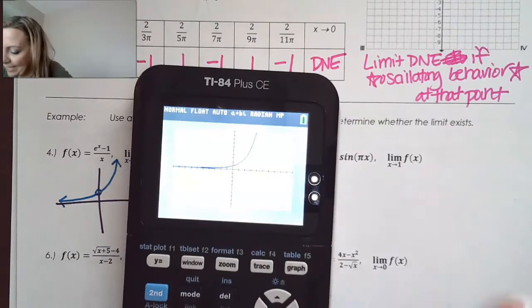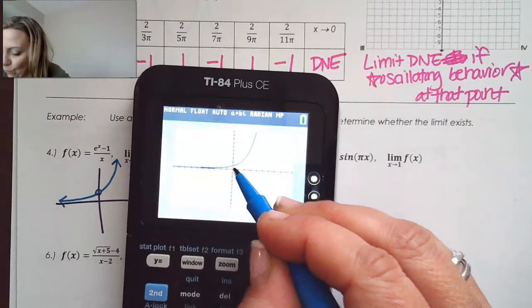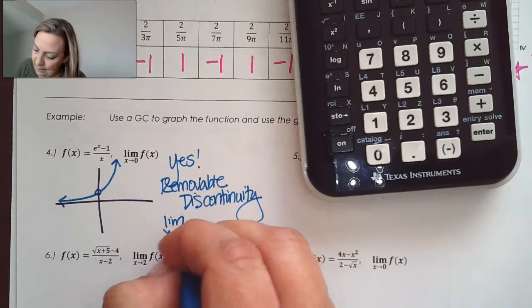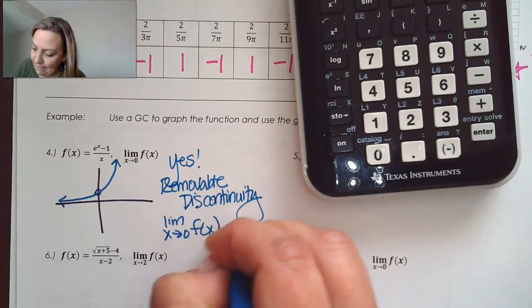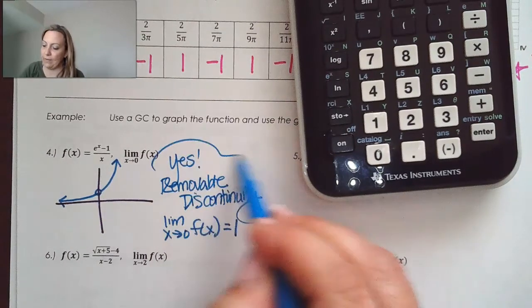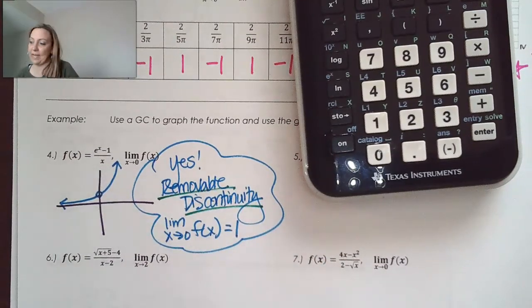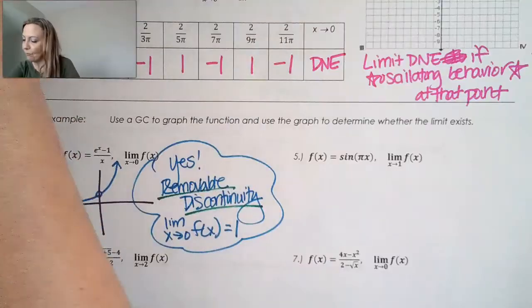And so if we look at it, then it looks like at 0, it's at 1. So we can see that the limit as x approaches 0 of this f of x is going to be 1. So because there was a removable discontinuity, then that was fine. And we could tell from the calculator that it looked like it was going to be approaching about 1.